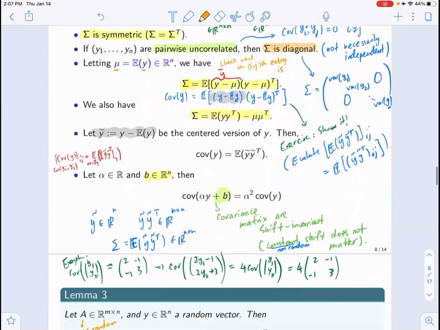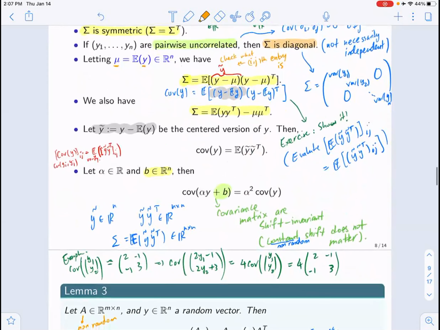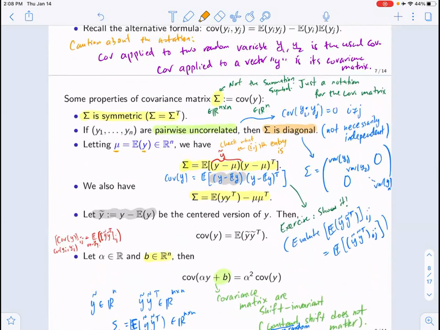And then we have this last result, which is that if I rescale a vector by alpha, the effect on the covariance matrix is that the covariance matrix is multiplied by alpha squared. And if I shift the vector, the covariance will be invariant to that shift. Okay, so this is a recap of where we left last time.